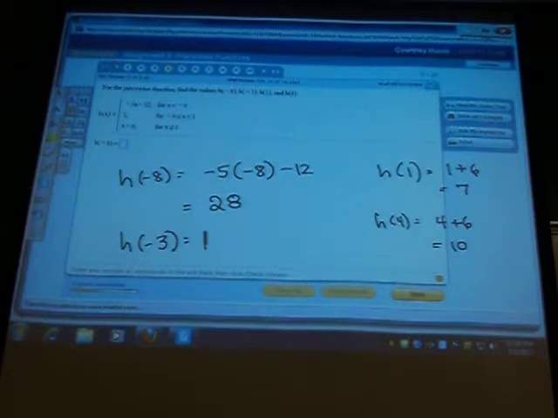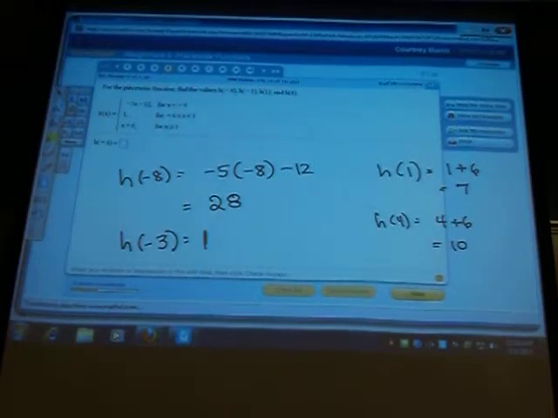So basically you just choose which category your x falls into, and then you just plug into that equation. Give you guys a second to get number 4 if you haven't yet.